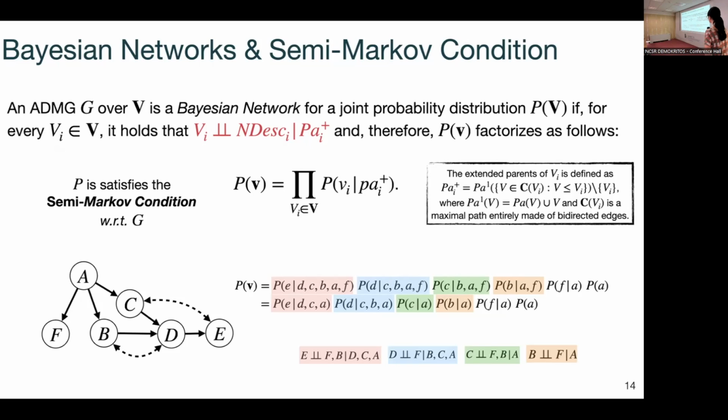And once you condition on these extended parents, every variable that's not an extended parent is going to be independent. Okay, so this notion of the semi-Markov condition is just a nice way to connect Bayesian networks to this scenario where we have latent confounders. It's not hard; it's just that the first time you see it, it looks very hard. But you need to understand that these Bayesian networks are not only defined for the scenario under causal sufficiency, and this is important for us.